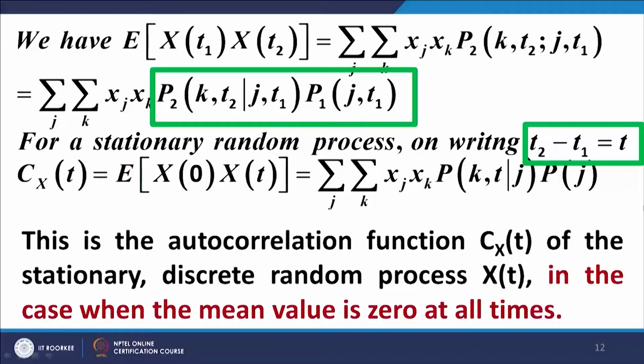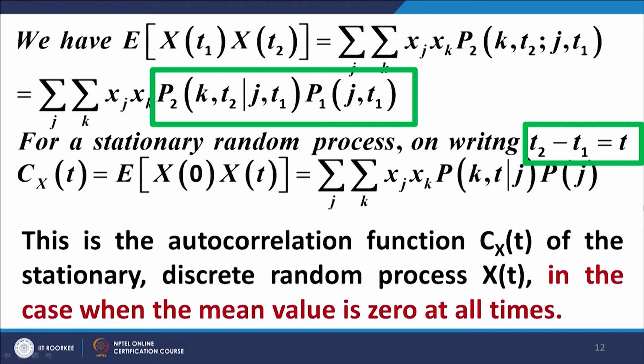Now, the correlation between these random variables at different points in time conveys very important information about the dynamics of the process, about the memory of the process, and therefore, it is a very important parameter as far as various stochastic processes are concerned. It is defined as the correlation function.